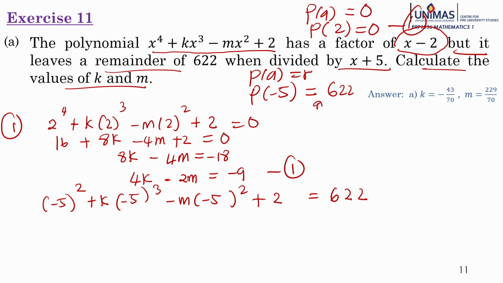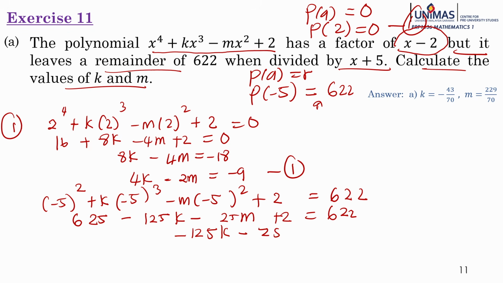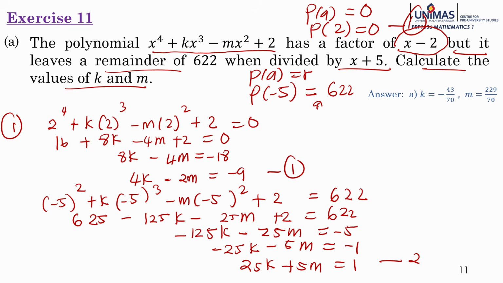Then simplify, and you get this plus 2 equals 62. Then you get negative 125k minus 25m equals negative 5. When you simplify, you get negative 25k minus 5m equals negative 1. Then I make the values positive, so 25k plus 5m equals 1. So we have a second equation here.